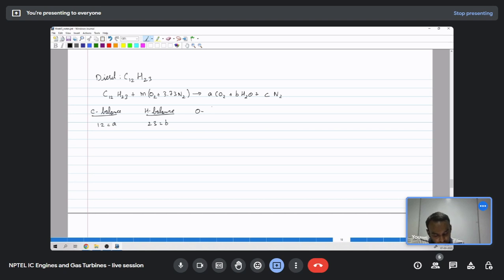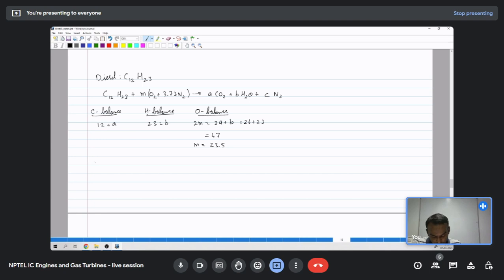Now if I have oxygen balance, I have 2m on the left hand side, and on the right hand side I have 2a plus b, so that is 2a will become 24 plus b is 23, then we have 47, and m will be 23.5.